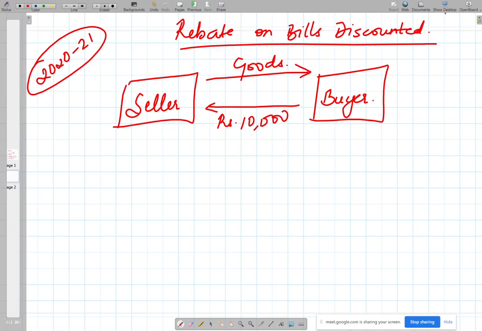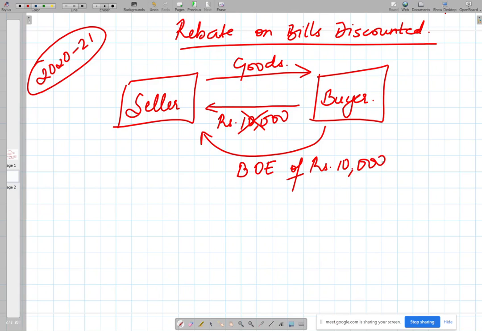Now the buyer doesn't have enough money as of now, so he wants some time to pay off that 10,000. So he says, I don't have 10,000, instead I will issue, or draw, a bill of exchange of rupees 10,000.